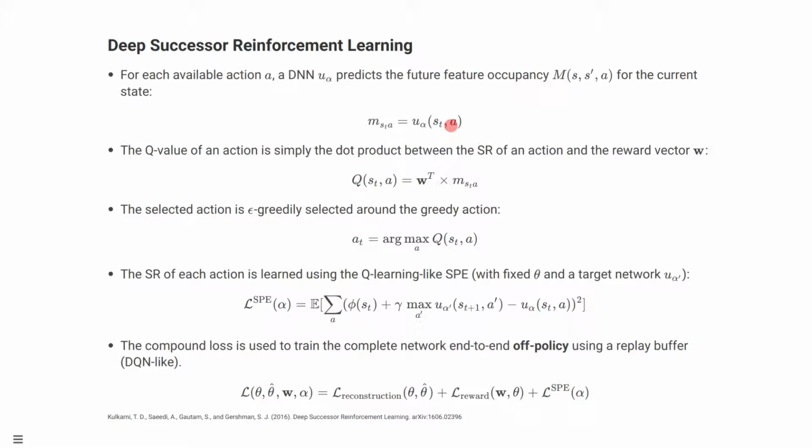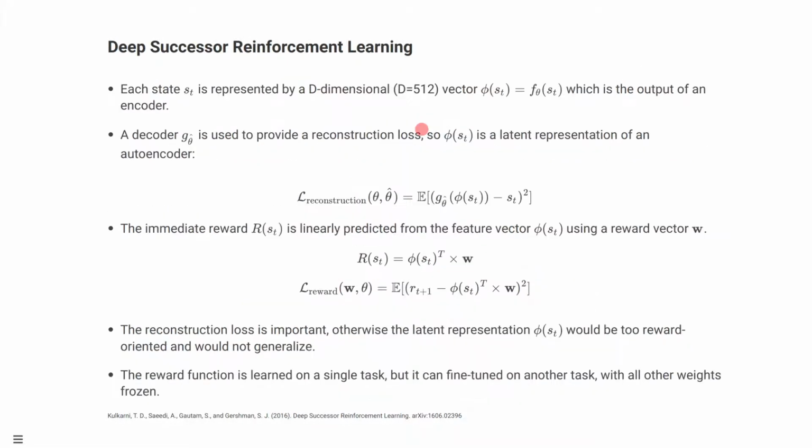And so then you need to predict the future feature occupancy, the SR. When you are in a state S and take the action A, how far are you from the features of the future state S prime? Something that is noted like that. So for each action, you have a vector, taking your current state as an input, and it has some weights alpha.